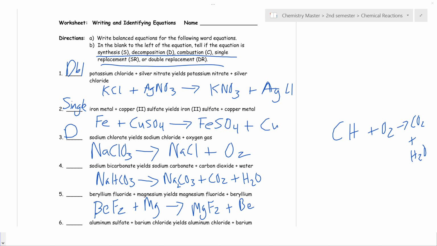All right, number 5, I got an answer for number 5 in here. What do you guys think? It looks like combustion maybe. Okay, tell me why combustion.